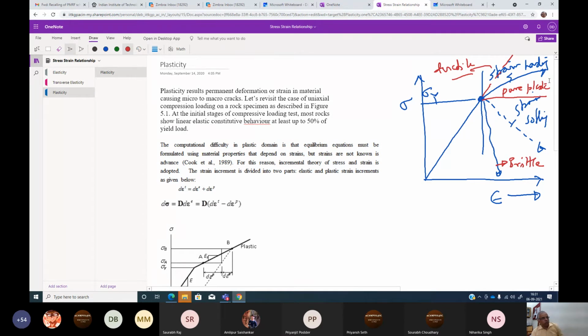So after yielding, there are 4 possibilities, mainly 3. Pure plastic is basically theoretical. One is ductile or strain hardening, one is strain softening, and another is brittle.